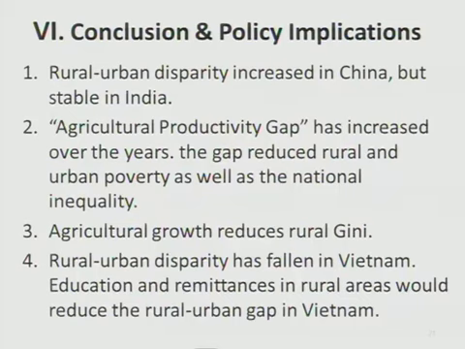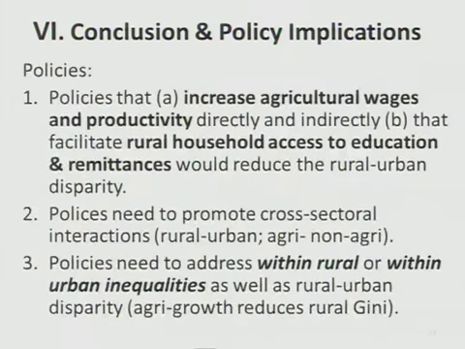We have found that education, particularly basic education, and access to remittances in rural areas will reduce the rural and urban gap in Vietnam. Briefly, the policies that increase agricultural productivity, directly and indirectly, and those that facilitate rural household access to education and remittances are important in reducing the rural and urban disparity.